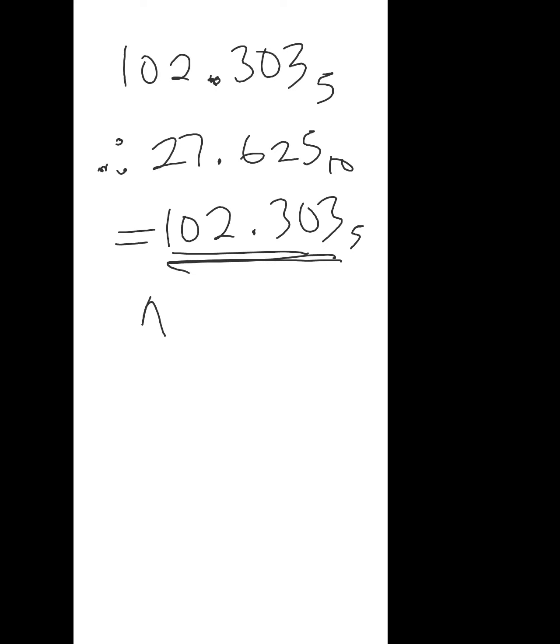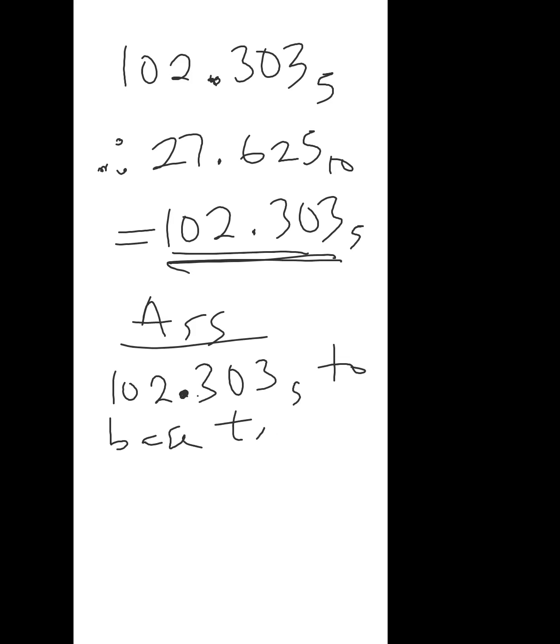Okay, so I'm calling it an assignment for you. Convert 102.303 base 5 to a number in base 10. That's the first one. Then let me go and pick the first question we solved.